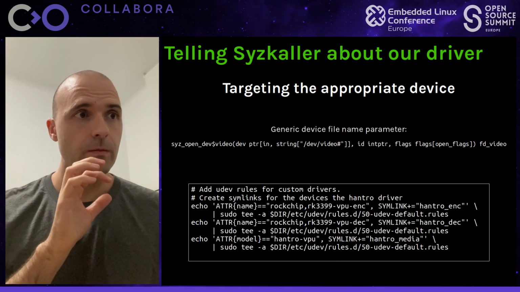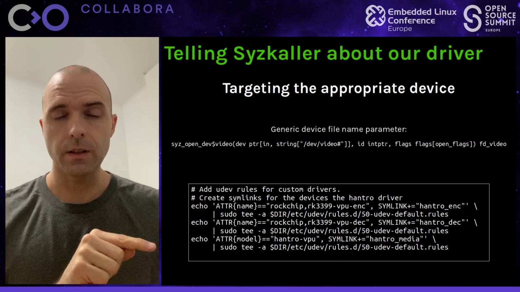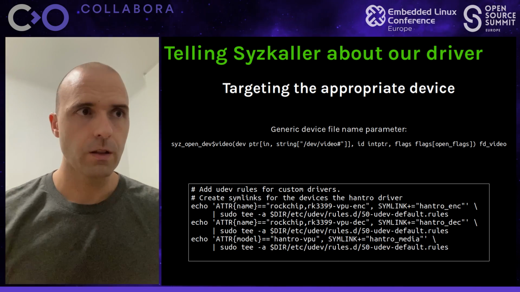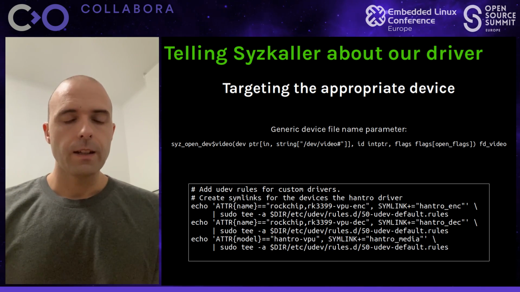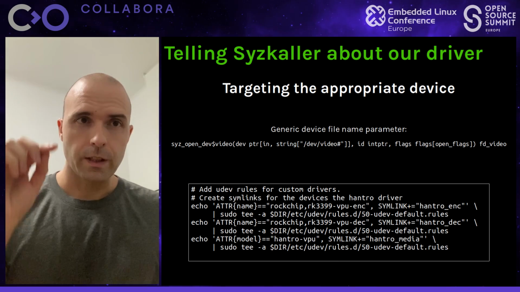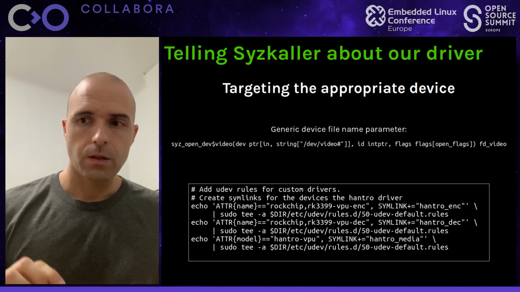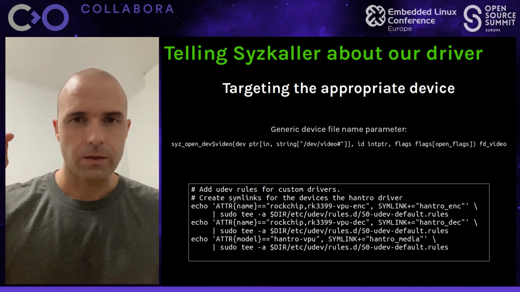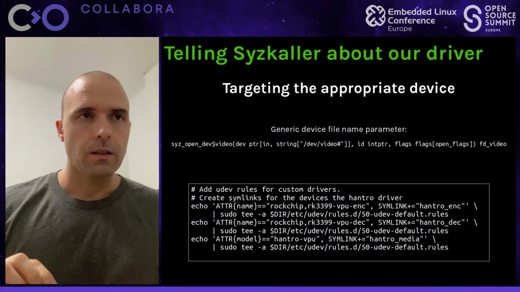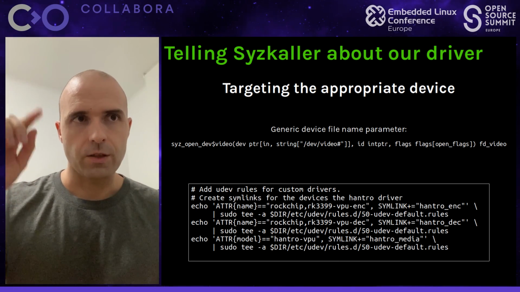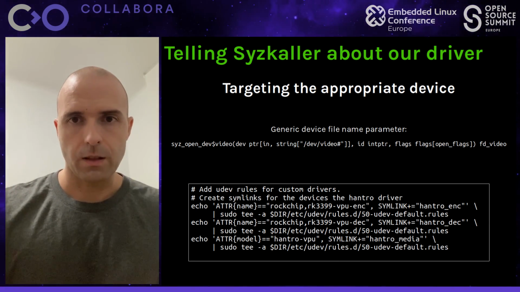So that system call, which is actually a pseudo system call, we'll talk about that later, will try to generate open system calls to any kind of file name that starts with /dev/video and then a number.